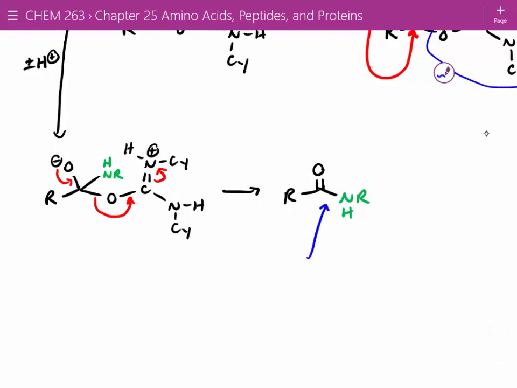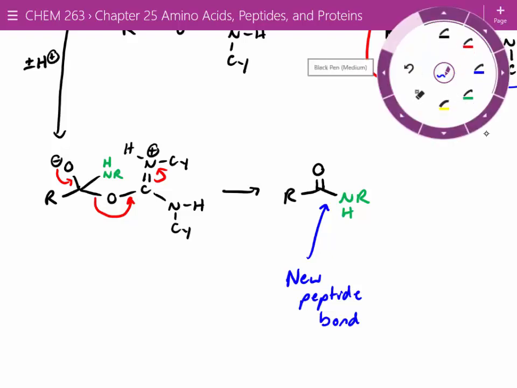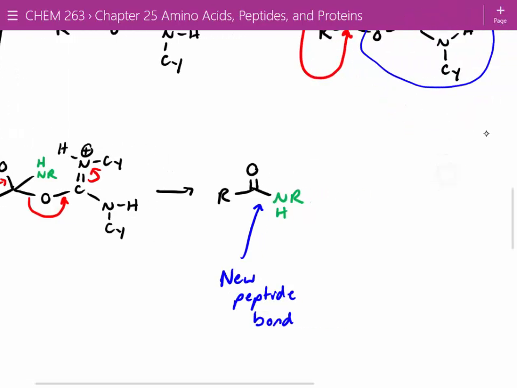So this bond is where that carboxylic acid used to be. And the other reagent is pretty handy, or the byproduct, I should say.